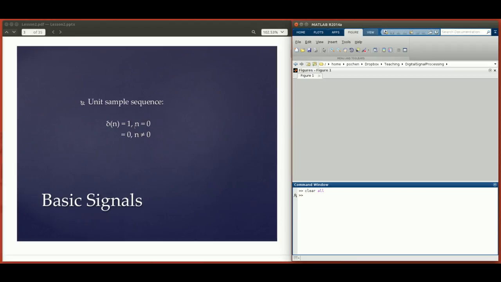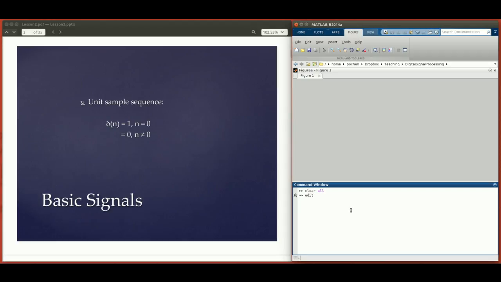It only specifies that when n equals 0, delta has a value of 1, and when n is not equal to 0, it has a value of 0. But in reality, we usually want a sequence that has a finite duration. So we would also like the user to enter the beginning and the end time, or the beginning and the end n of this particular sequence. So let's try to write an impulse function.